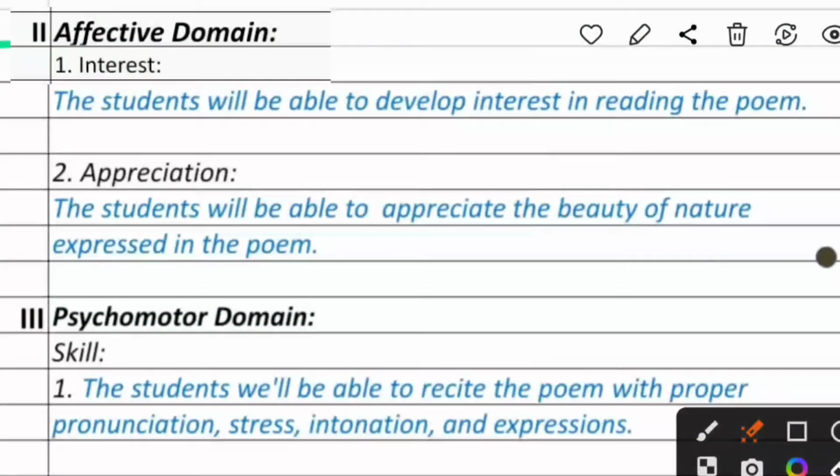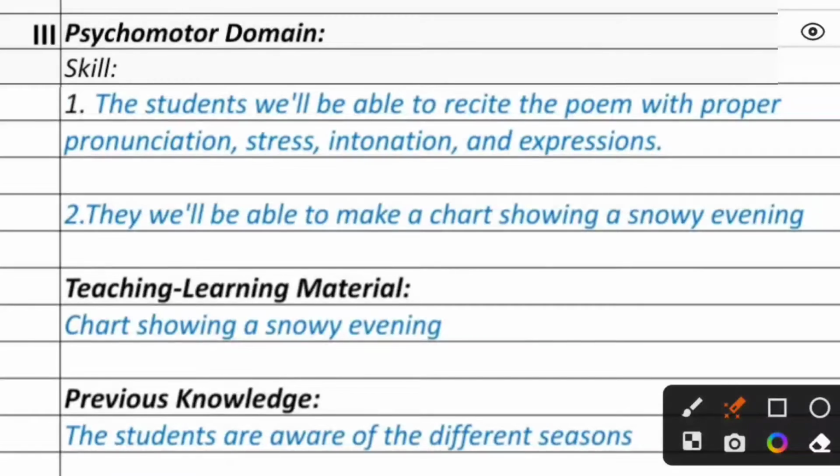Then in affective domain, we'll write 1 objective for interest and 1 for the appreciation. And then in psychomotor domain, we'll write objectives related to skill, like this.